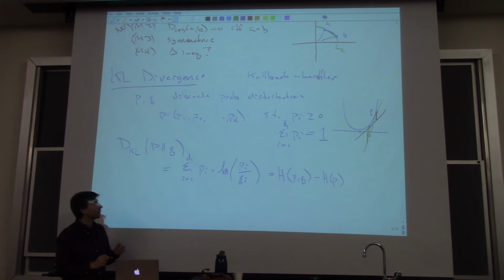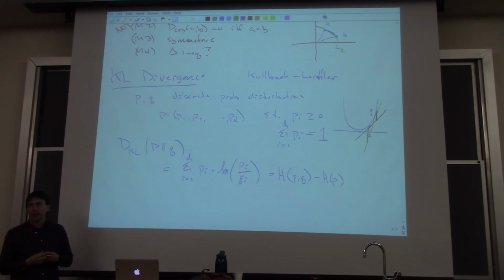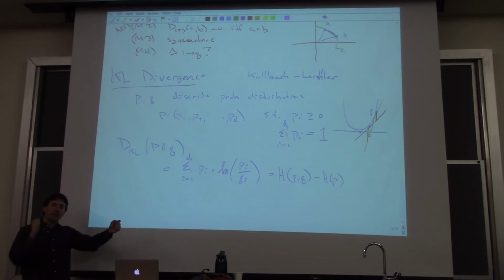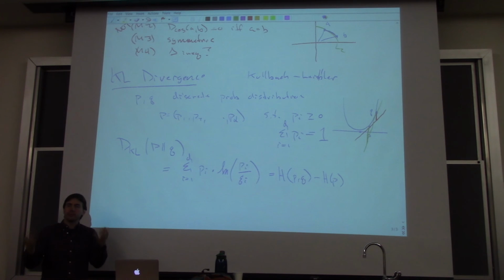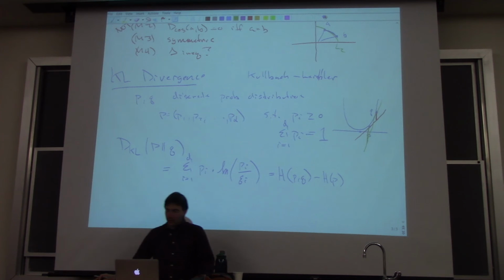That's what this KL divergence is capturing. It's different going from they know P to tell them Q than they know Q to go to P. If Q is much more concentrated around a small number of values, it takes a lot more information to fill in the rest.